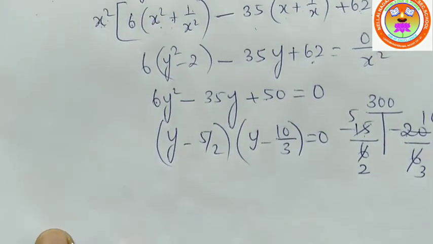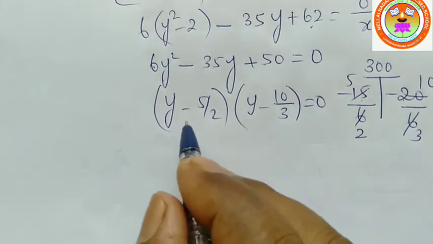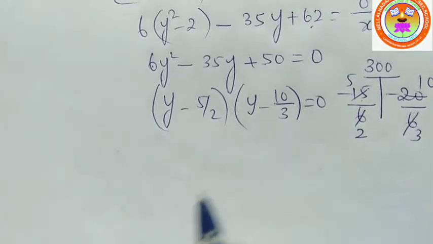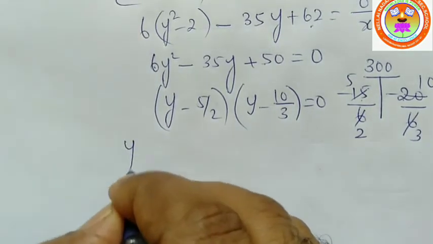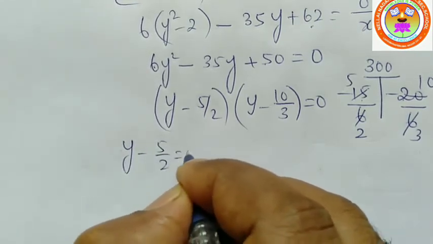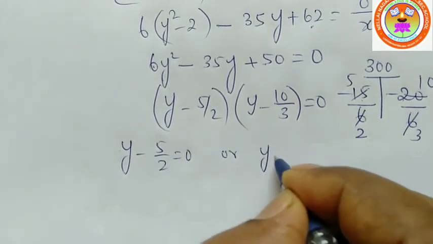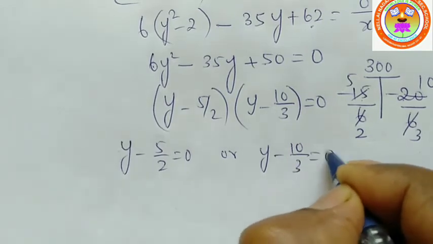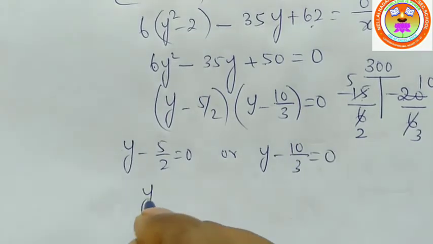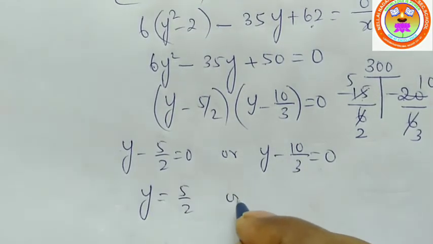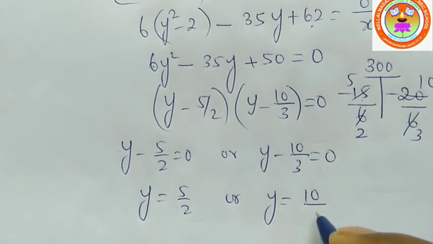So product of two terms equal to 0 means either the first term 0 or the second term 0. That is y minus 5 by 2 is equal to 0 or y minus 10 by 3 is equal to 0. That is y is equal to 5 by 2 or y is equal to 10 by 3.